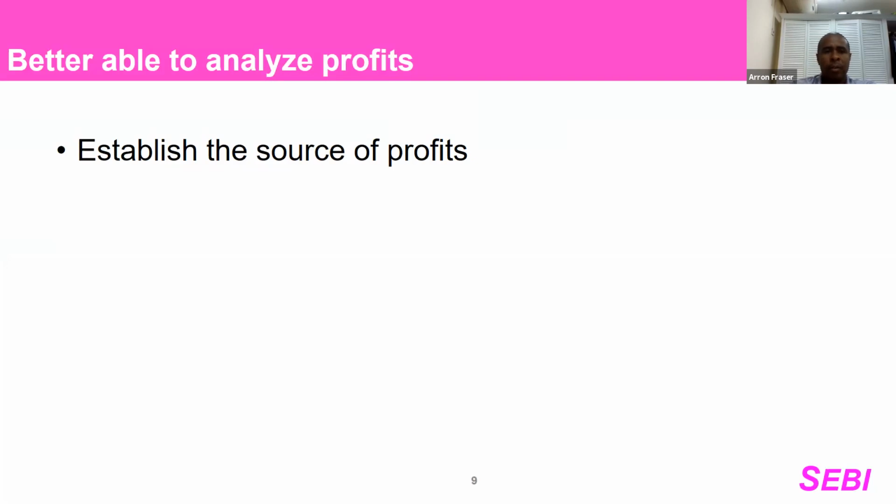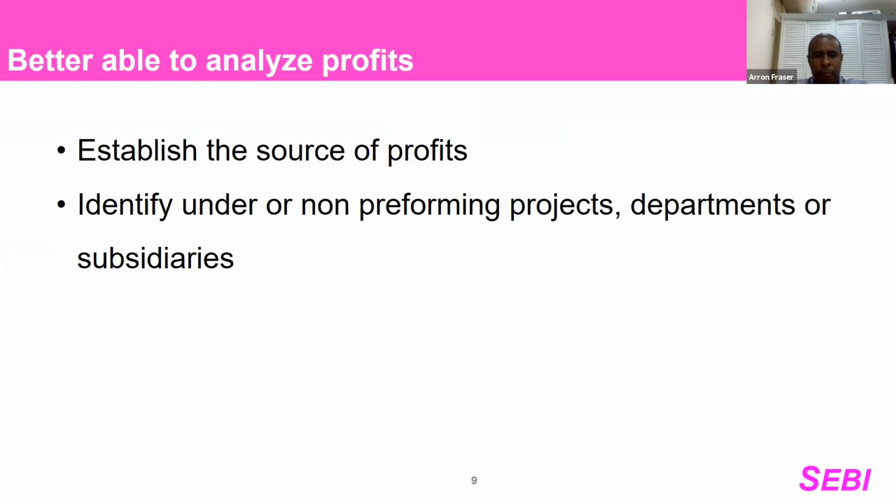So ratios help you to establish the source of profits, right? It can also identify non-performing projects, departments, or subsidiaries. So while my example just now was focused on a particular line of items, ratios can also be done for projects, for various departments in a company, or even for subsidiaries as a whole. Right.